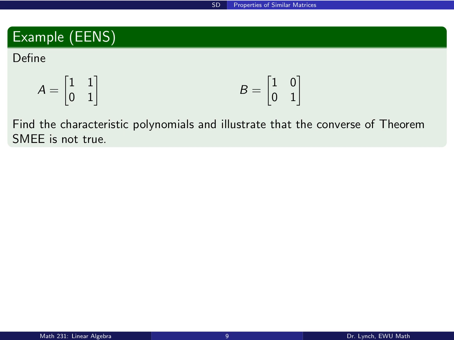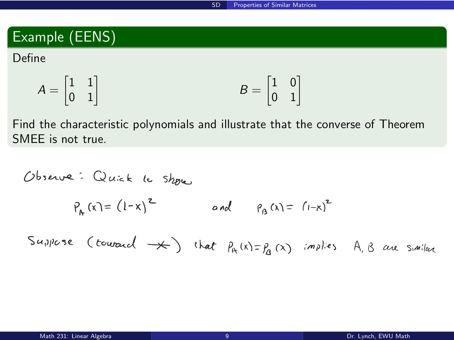We can pretty quickly compute the characteristic polynomial of both A and B. Again, it's pretty quick to show that the characteristic polynomial of A and the characteristic polynomial of B are the same. We'll suppose toward a contradiction that the converse of the previous theorem is true, namely that when two characteristic polynomials are equal, the matrices must be similar.